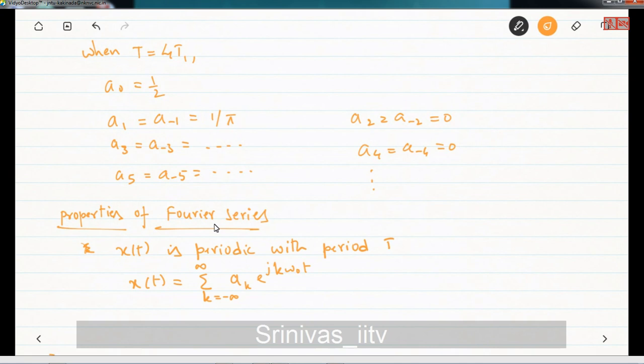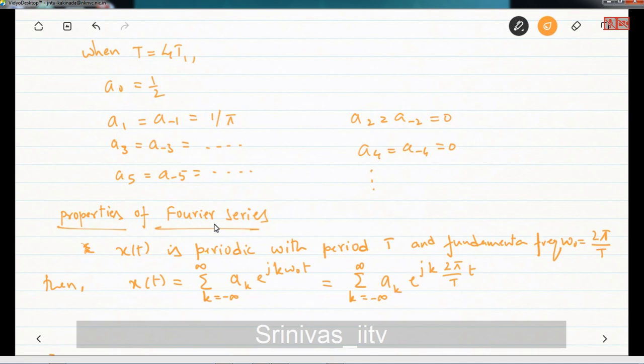So let me write that out. With period T and fundamental frequency omega naught equal to 2 pi by T, we can express x of t as the sum over k equal to minus infinity to plus infinity of a_k e to the power j k 2 pi by T t.